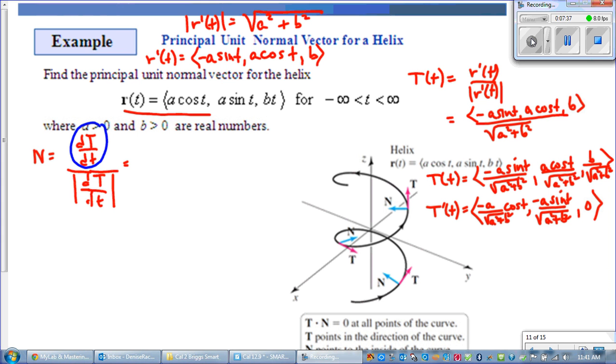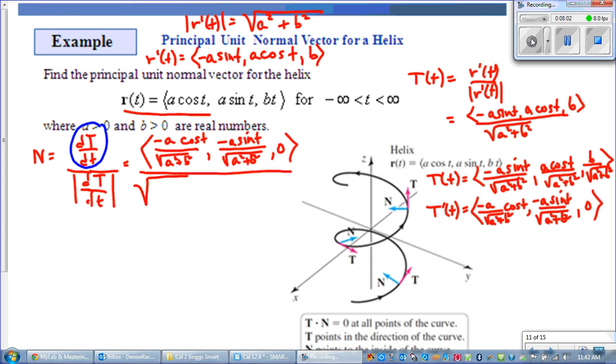So we have this vector. Find the magnitude.